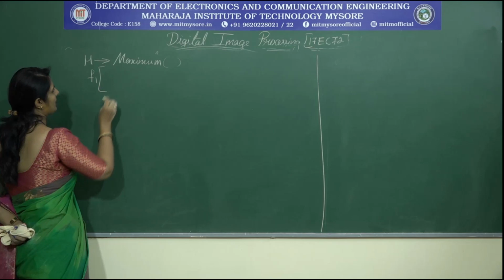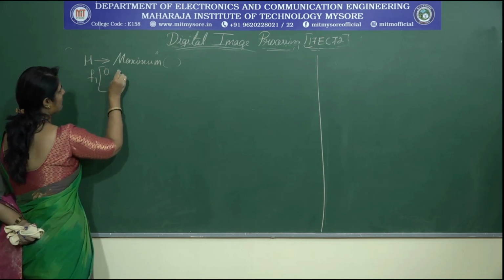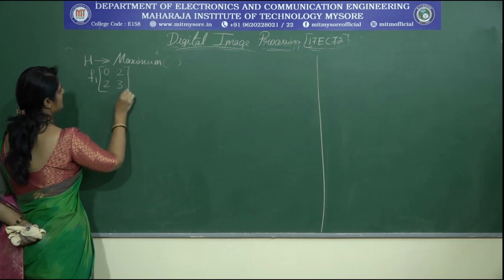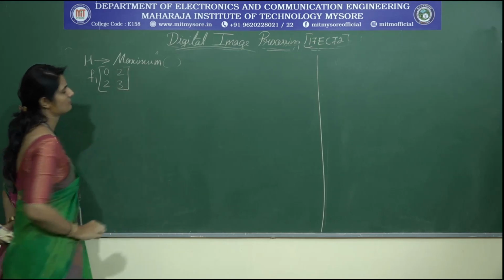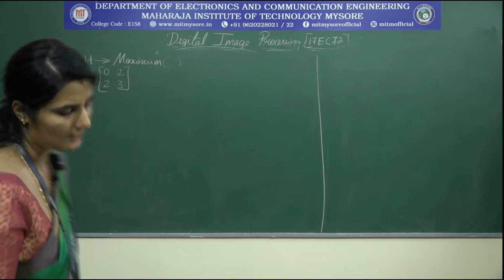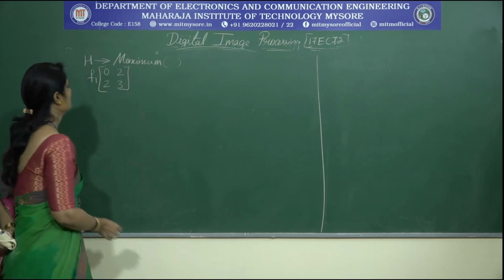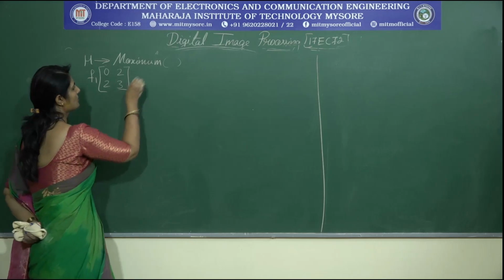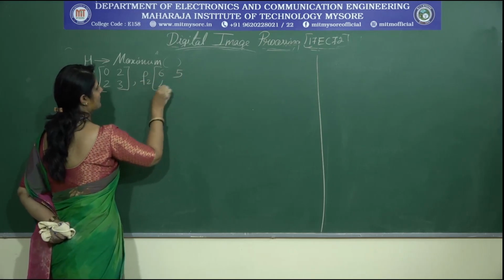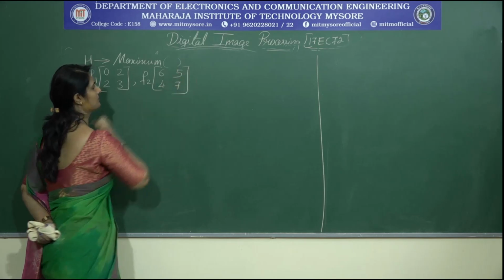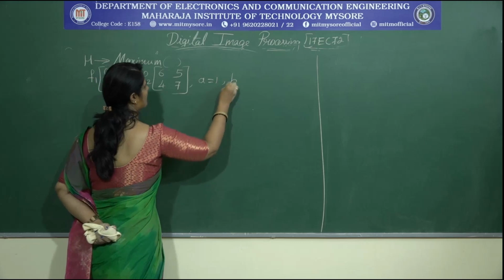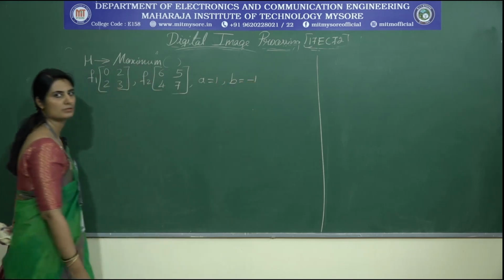Let f1 be 0, 2, 2, 3 and f2 be 6, 5, 4, 7. And let a equal 1 and b equal -1.